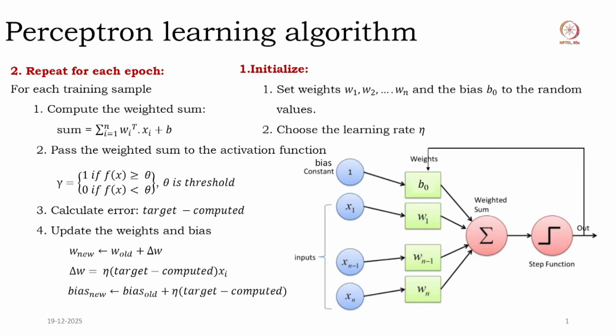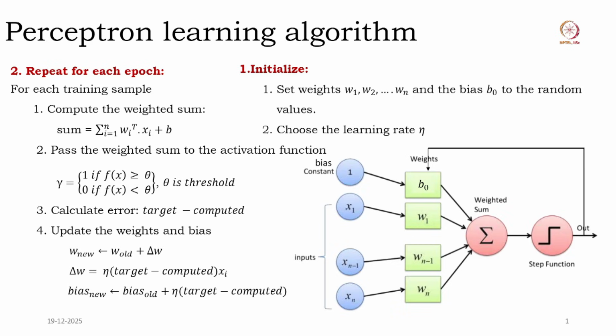So that input is also written here. This is the weight updation formula, a very important concept: W new is equal to W old plus delta W. Delta W is the learning rate multiplied with the error, that is target minus computed, and multiplied with its input X.